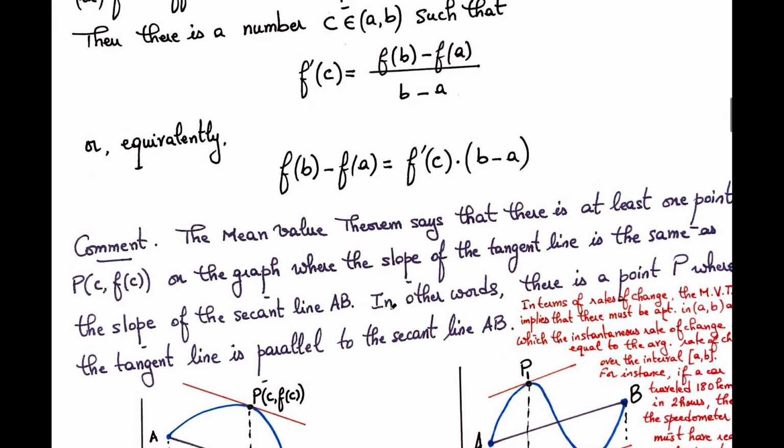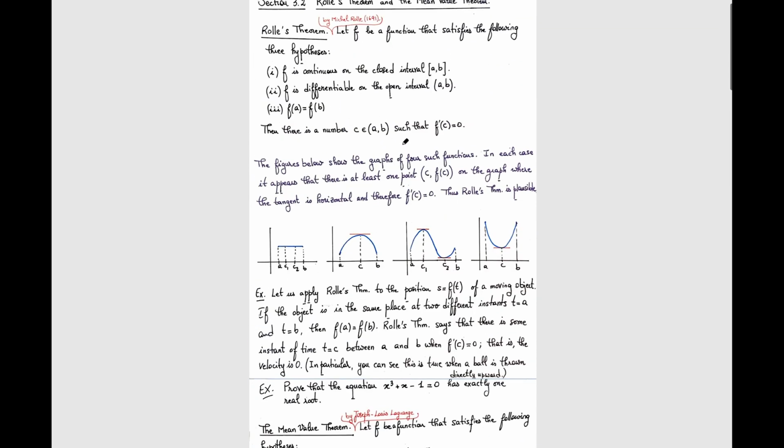The nature of the conclusion of the mean value theorem is similar to the nature of the conclusion of Rolle's theorem, which is also similar to the nature of the conclusion of the extreme value theorem and the intermediate value theorem. Those theorems are only about the existence of something, verifying a certain property. They're all existence theorems, right?